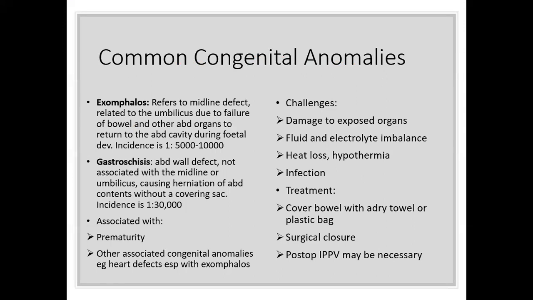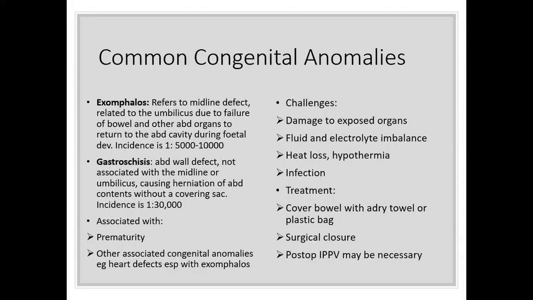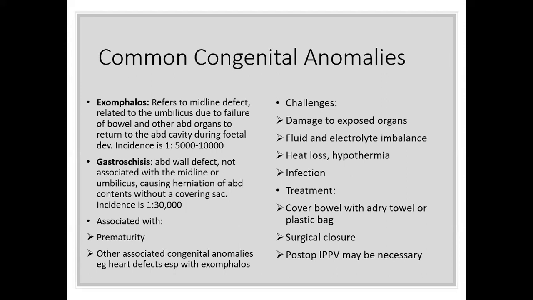In the GI, we can have common congenital abnormalities such as exomphalos or gastroschisis. Exomphalos, or omphalocele, refers to a midline defect related to the umbilicus, which is due to failure of the bowel and other abdominal organs to return to the abdominal cavity during fetal development.